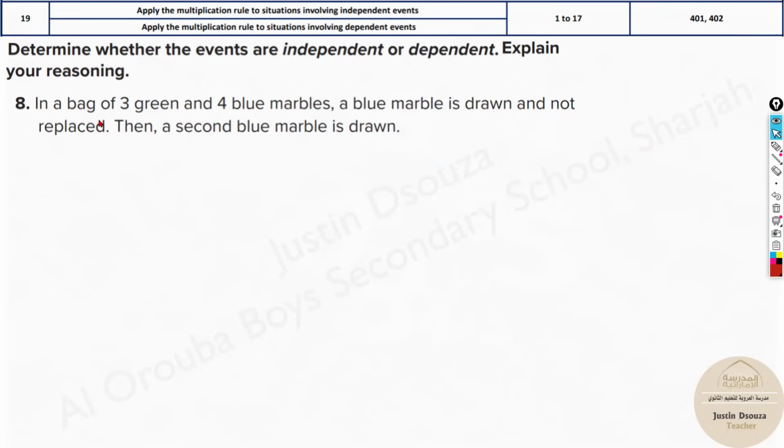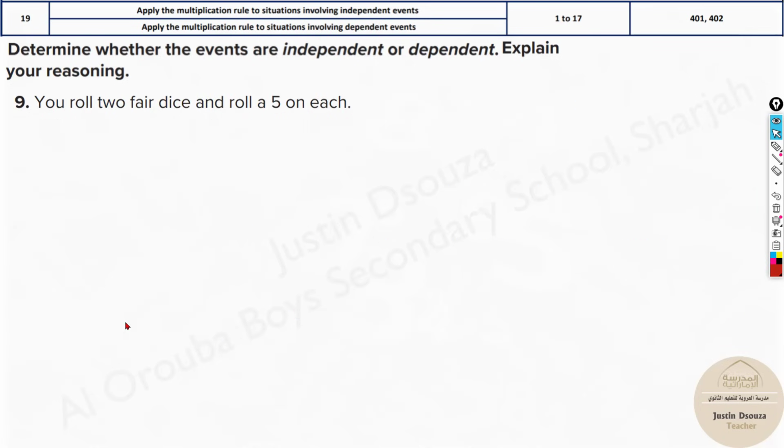And what about this? In a bag of 3 green and 4 blue marbles, a blue marble is drawn and not replaced. When you read the sentence "not replaced," you should know this is a dependent variable, because now it's not replaced. When you draw another blue marble, the number of total marbles initially was 7. Now it changes to 6 in the second try. So it is dependent.